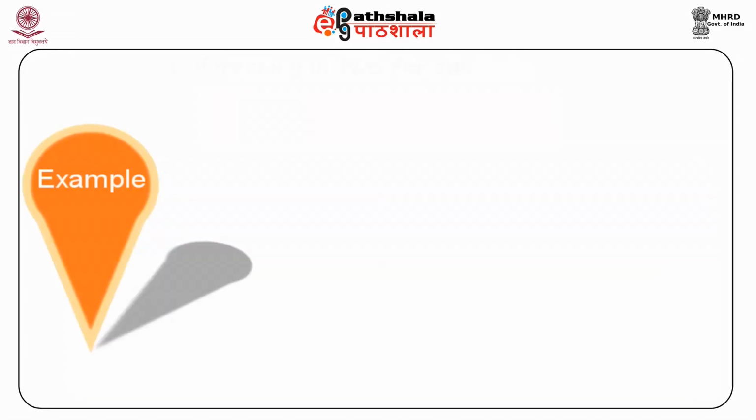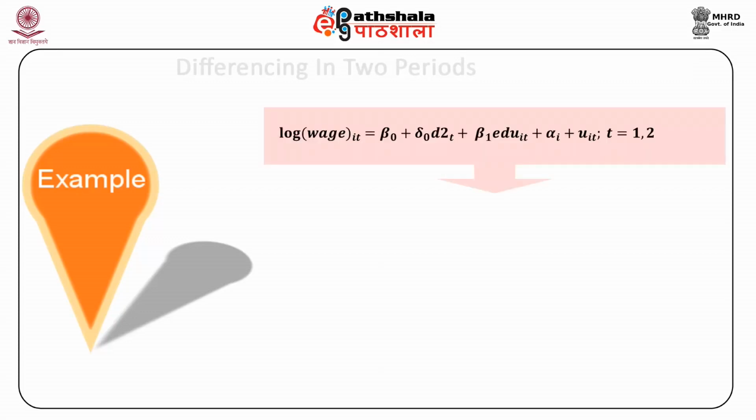Consider the problem of estimating the return to education with 2 years of panel data on individuals. The model for the ith person is log wage_it is equal to beta 0 plus delta 0 d2_t plus beta 1 edu_it plus alpha_i plus u_it, where t takes the values 1 and 2.